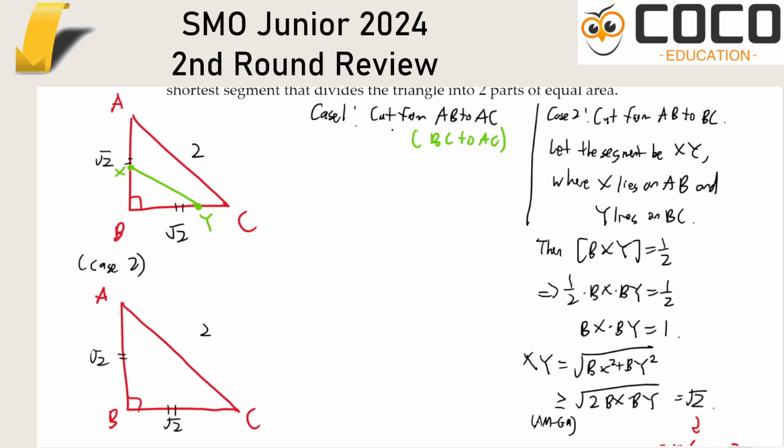Now I want to cut between AB and AC. So I'm going to sort of do this. Now that doesn't really look like half, so maybe I should draw something that looks a bit more like half, just to not confuse myself. I call this X and Y, and I write the same thing again.